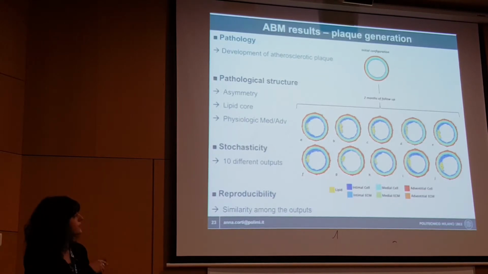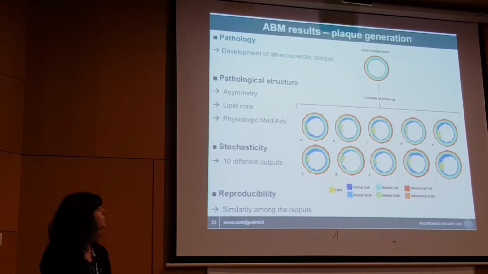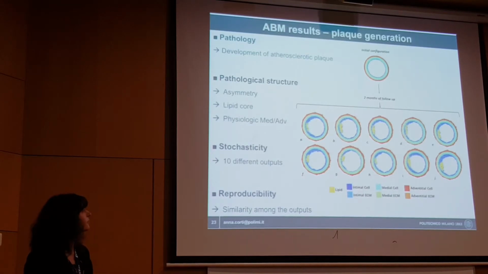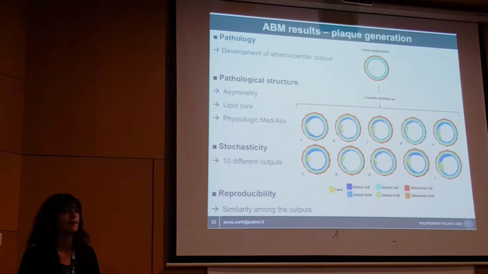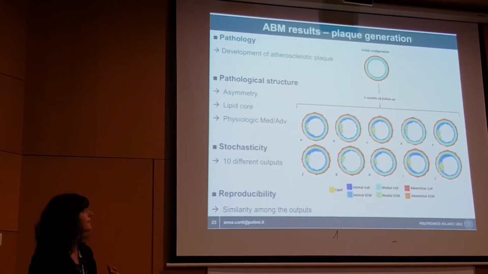Moreover, although the intrinsic variability among the outputs, that is due to the stochasticity of the model, we can notice the reproducibility of the model. In fact, there is a good agreement among all the 10 outputs in terms of plaque location, plaque size, and plaque morphology, as well as the degree of stenosis and maintenance of media and adventitial layer at their baseline condition.